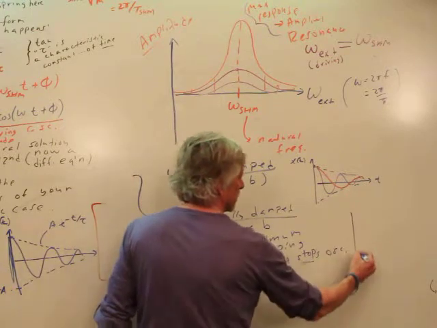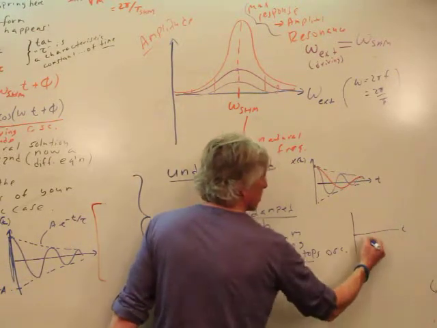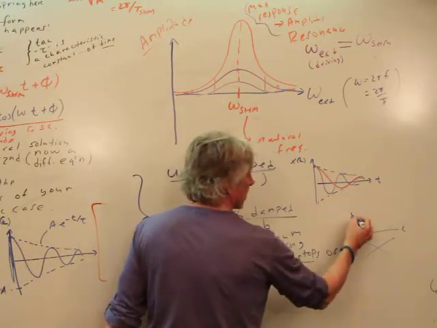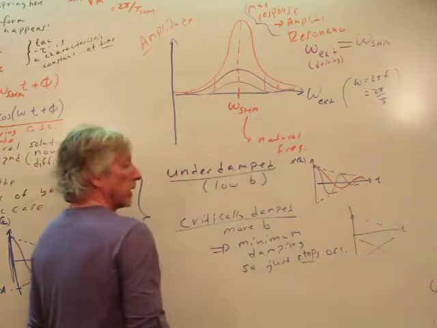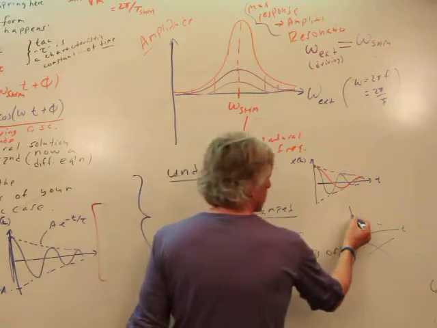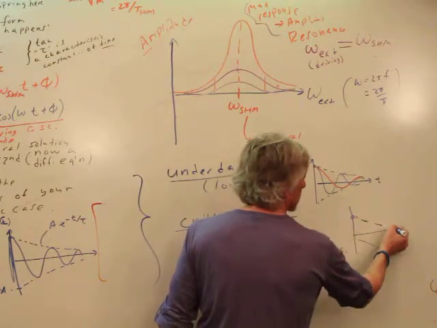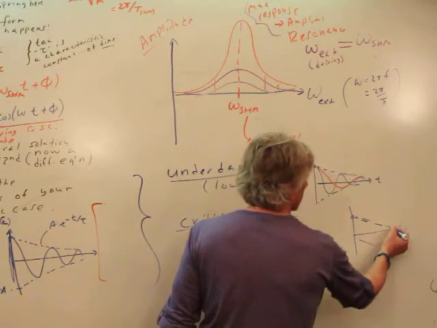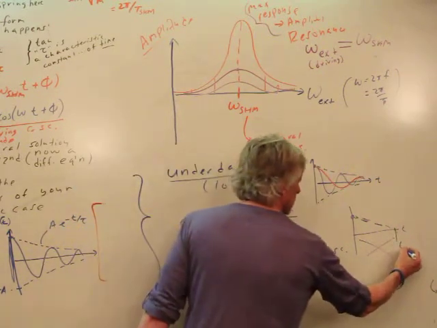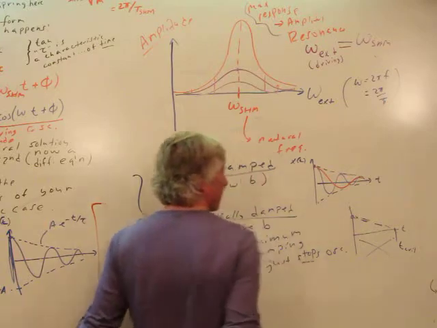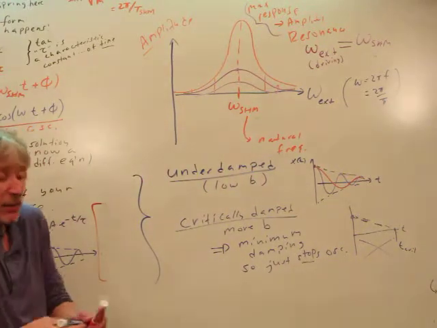In other words, you're never going to go down here. You're going to start here and you're just going to go, right? That's critically damped. And that's going to take a mathematically infinite time, but a certain time, to get out there. Critical.